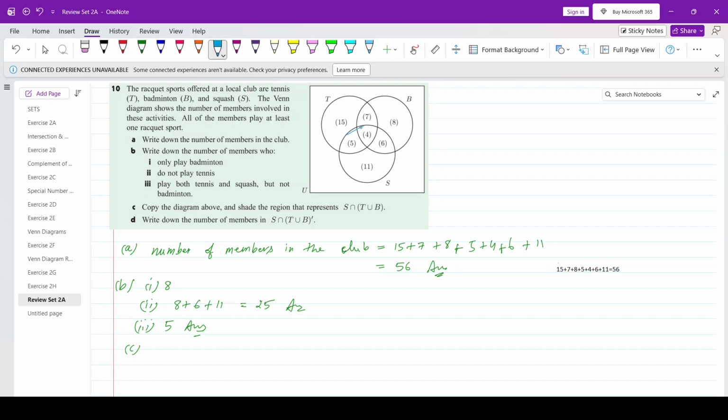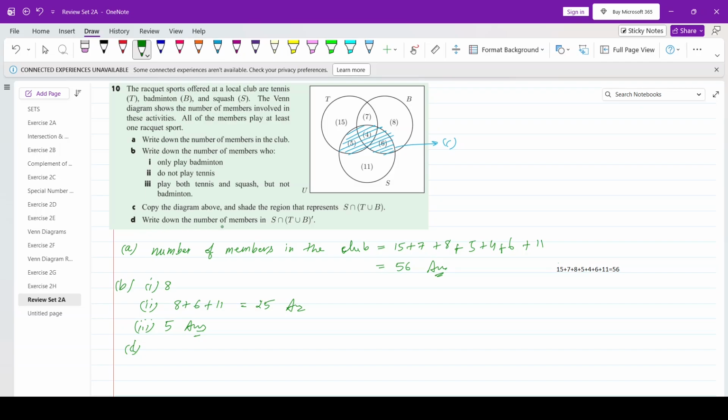So if we shade this region, this is part C.